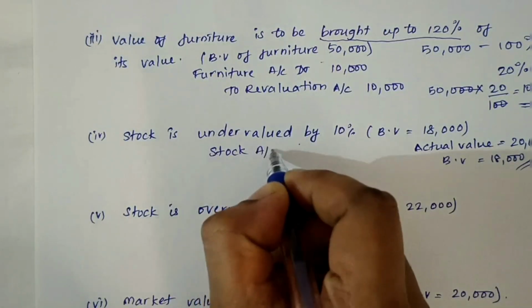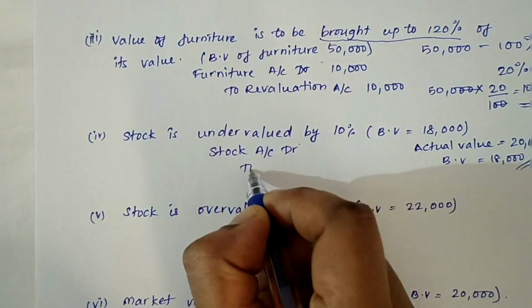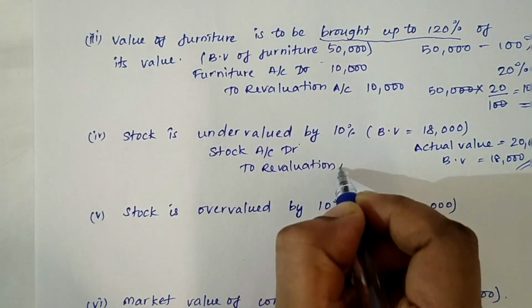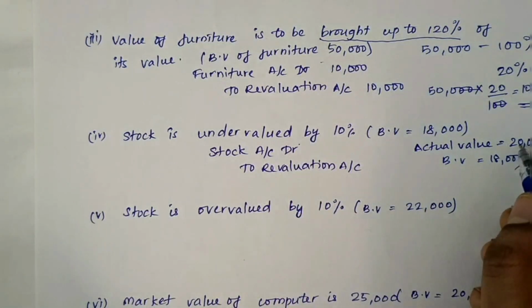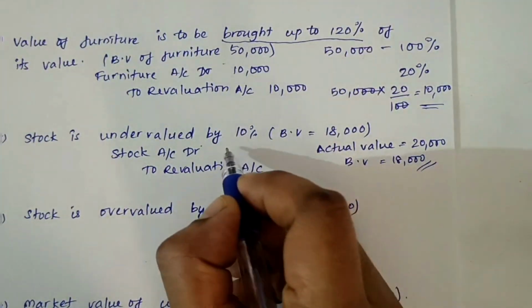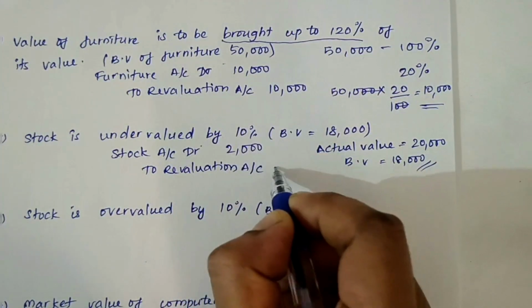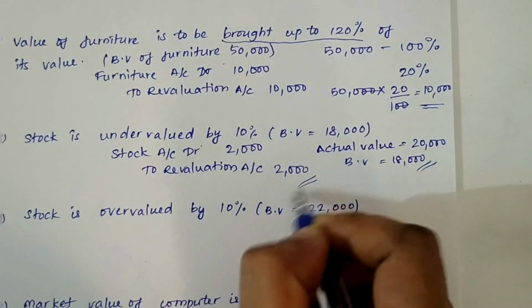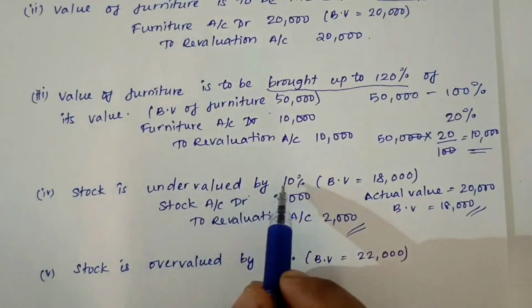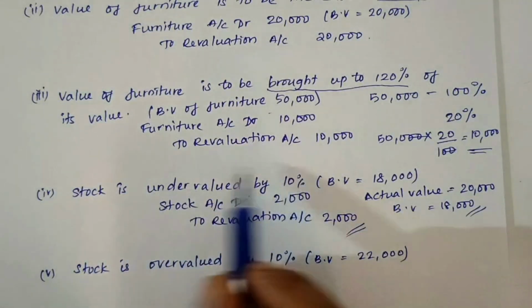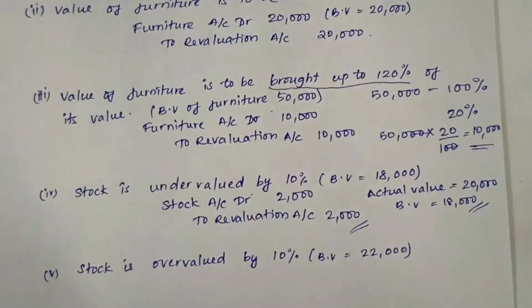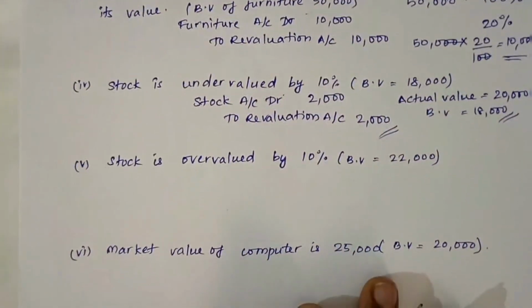Stock account debit to revaluation account, which is 20,000 minus 18,000. So the difference is 2,000. So this is how it should be done. When it is mentioned undervalued by 10%, if the question is mentioning like this, it should be done this way.